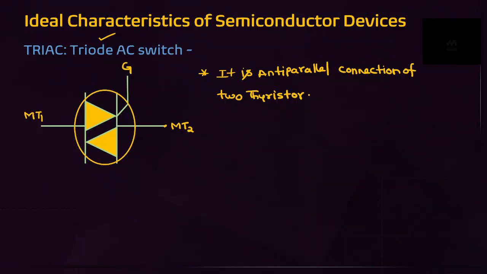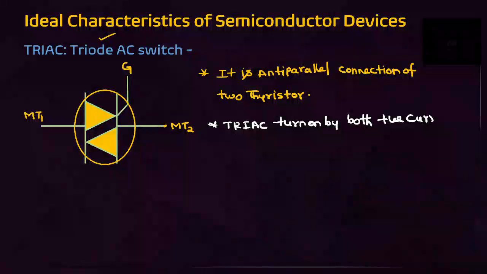Triac is turned on by both positive current pulse and negative current pulse. This is important. Triac is turned on by both positive gate current pulse and negative gate current pulse.